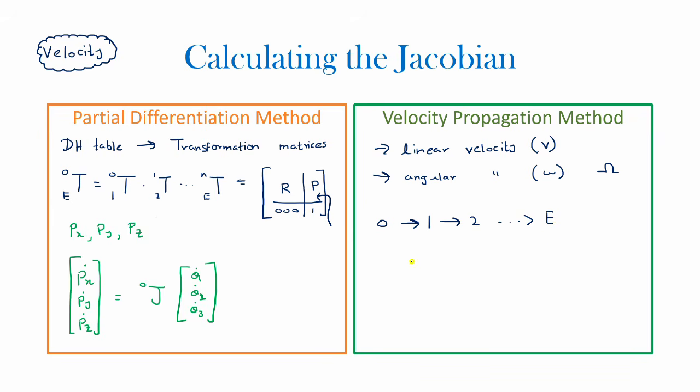So here you would finally have the velocity in the tool frame, and that velocity would be equal to the Jacobian in the tool frame times whatever variables you had in your system. So from this, we can calculate the Jacobian in the base frame using the rotation matrix from the base frame to the tool frame times the Jacobian in the tool frame.